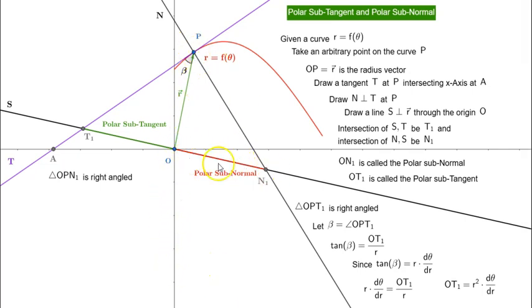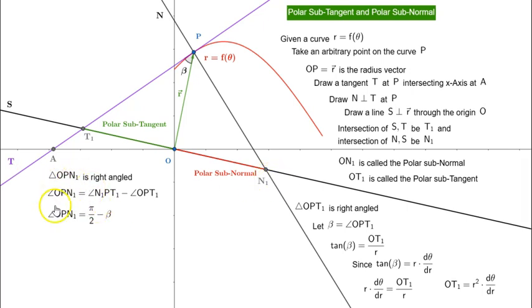OPN1 is a right angled triangle. Angle OPN1 is equal to angle N1PT1 minus OPT1. Yes, this angle is equal to the complete angle minus this angle.